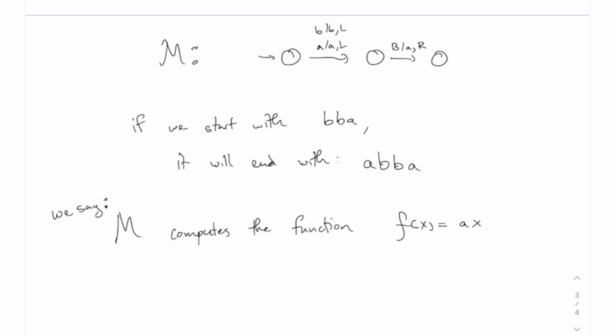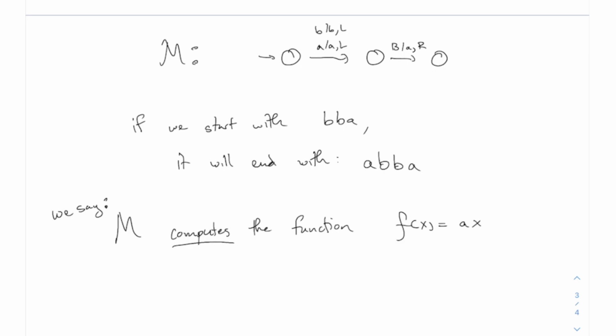Another, fancier way of saying that is like this. Puts A at the beginning of the string is like this function, right? F of x, where x is a string, the answer is ax. Puts an A at the beginning of the string. So we say M computes this function.